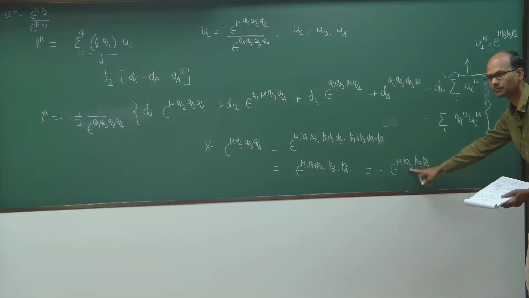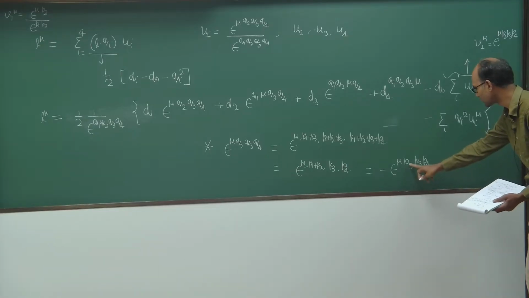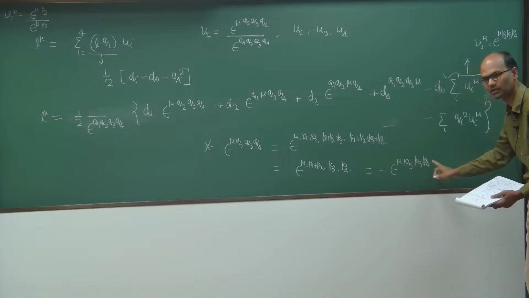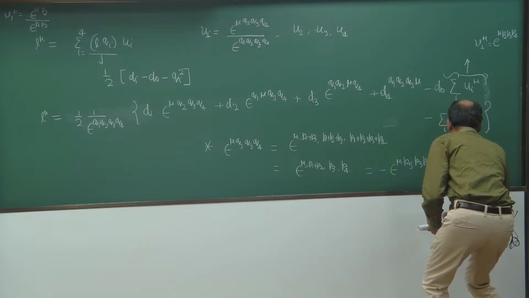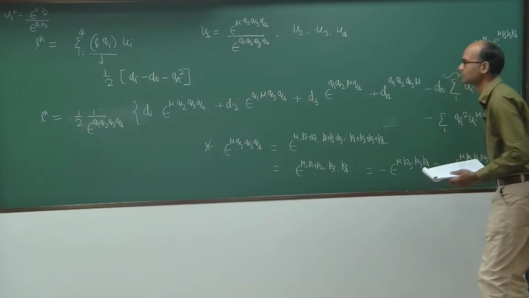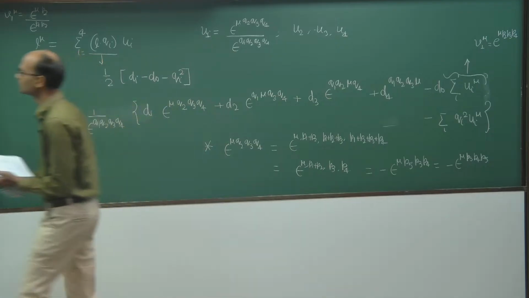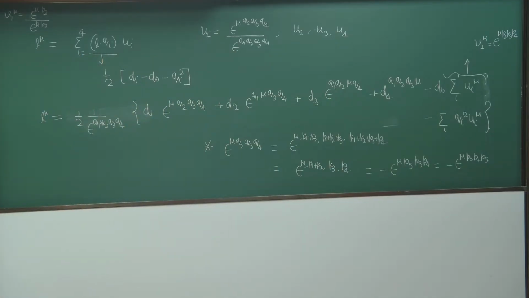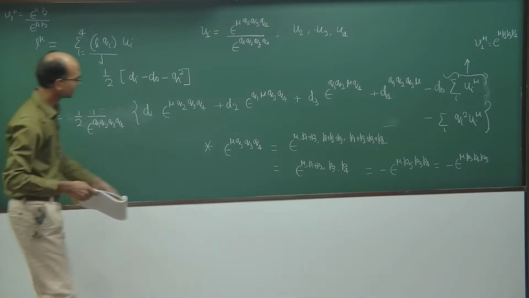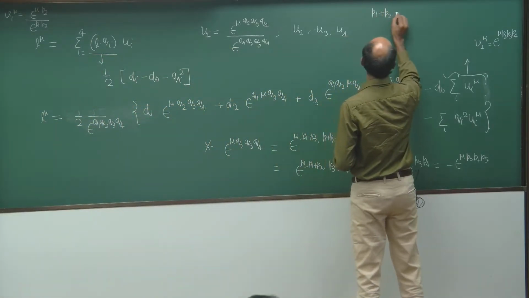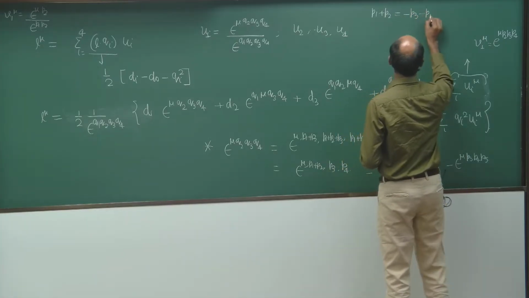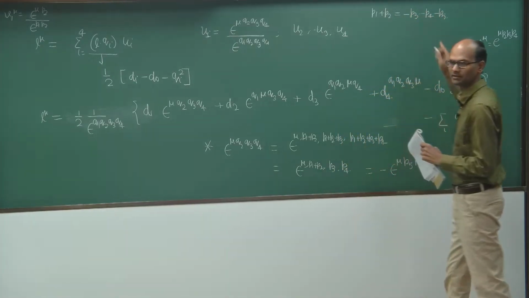And then I will use the property and put this here because it crosses two indices, therefore there will be no change in sign. So that is just minus epsilon mu p3 p4 p5. The negative sign came because I used the momentum conservation, p1 plus p2 as minus p3 minus p4 minus p5.